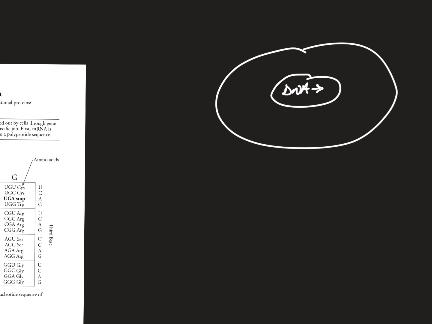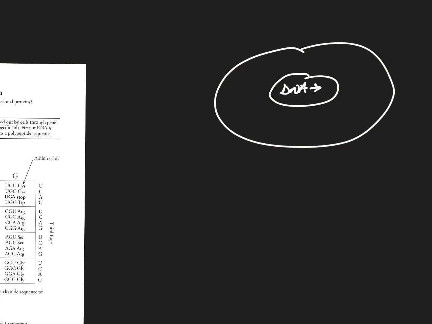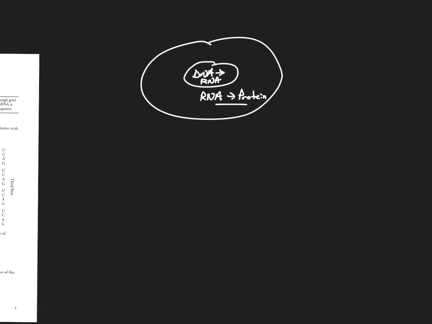In the cytoplasm, there are 2 places. Out here, you're going from RNA to protein. This is what we call translation.